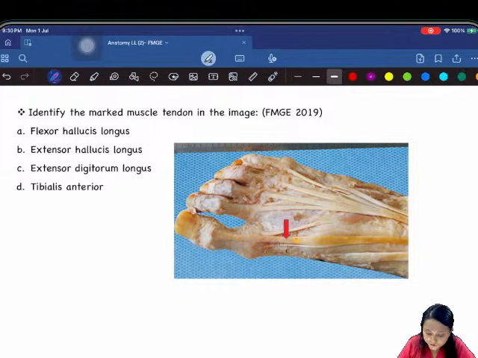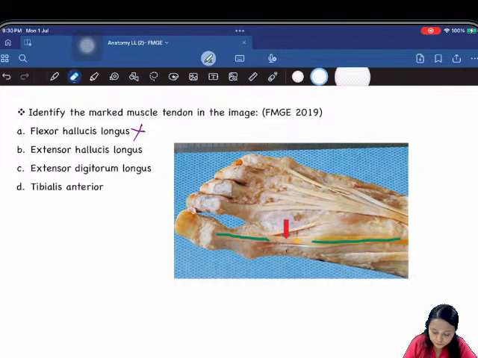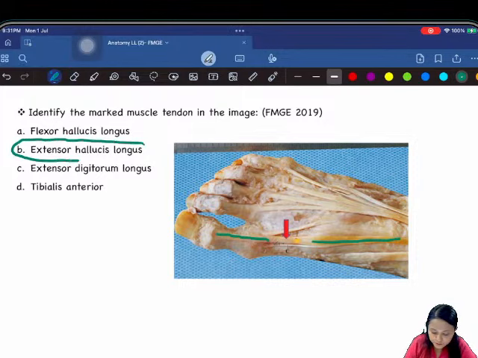Now it is not towards the digits, it is towards the hallux. You can see this tendon is going towards the great toe. If it is going towards the great toe, and it is in the extensor compartment, the answer will be extensor hallucis longus. Okay?